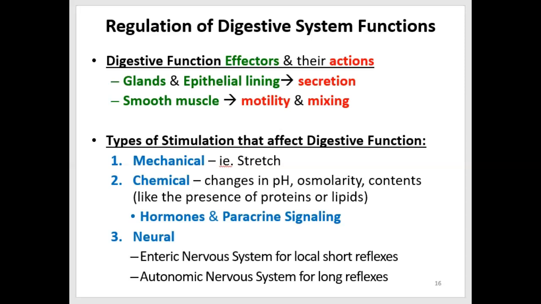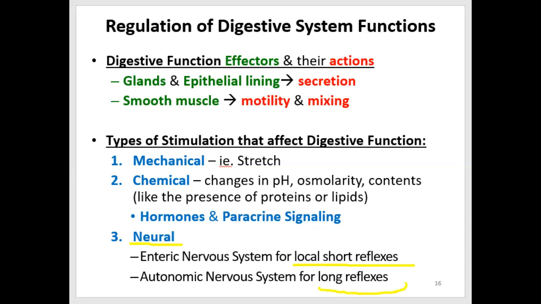So neural stimulation would happen by both of the plexuses, the one that is in the submucosa and the one that's in the Muscularis Externa. The autonomic nervous system can also impact the activation done by the enteric nervous system. So we refer to these neural stimulations of digestive function as either a local short reflex or a long reflex.